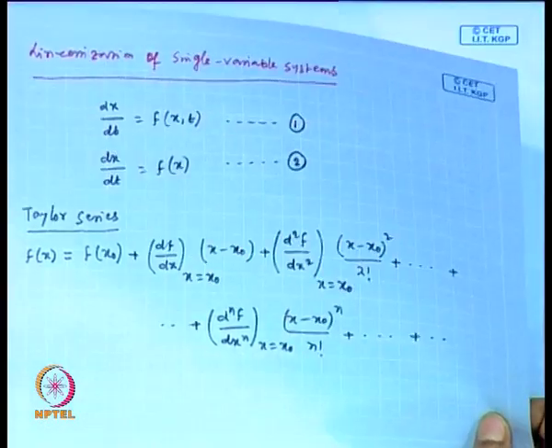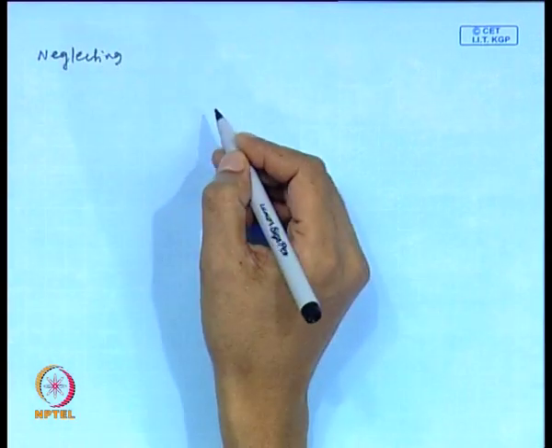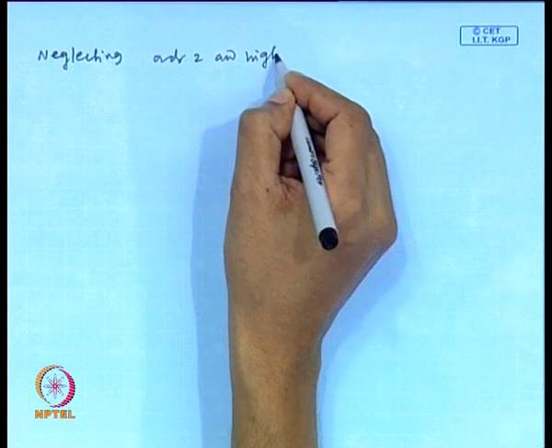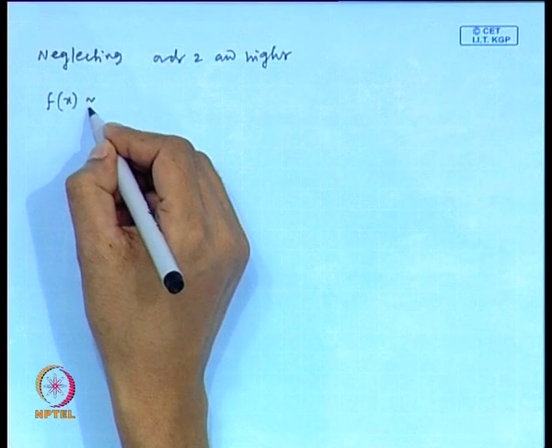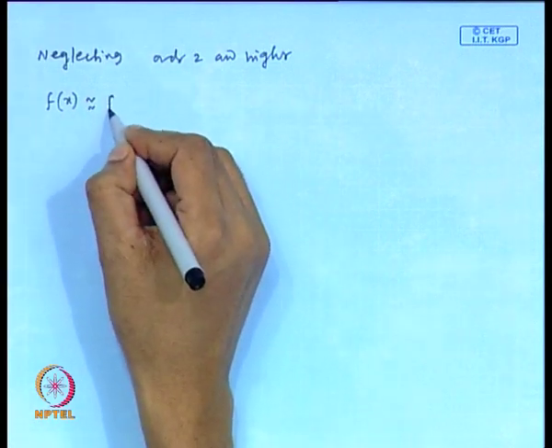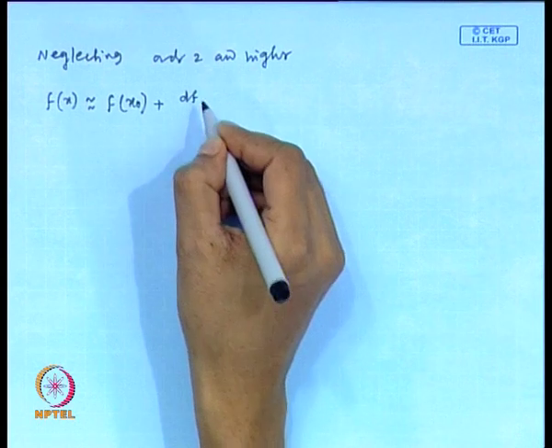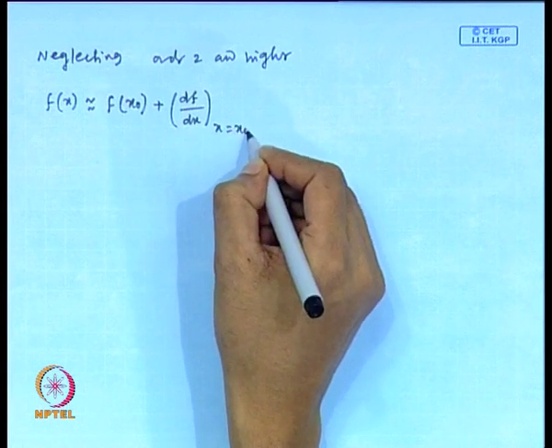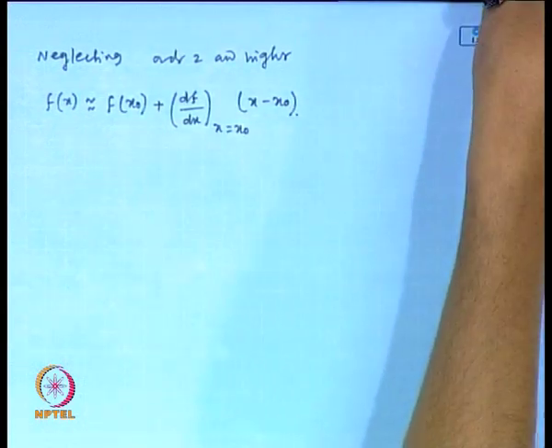Neglecting the terms of order 2 and higher, we get f(x) is approximately equal to f(x naught) plus df/dx at x equals x naught multiplied by (x minus x naught).